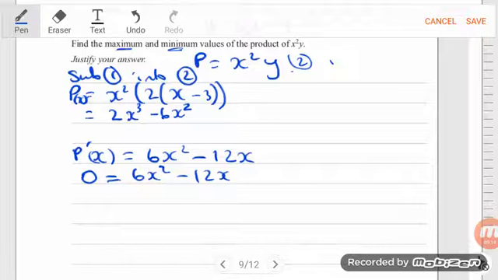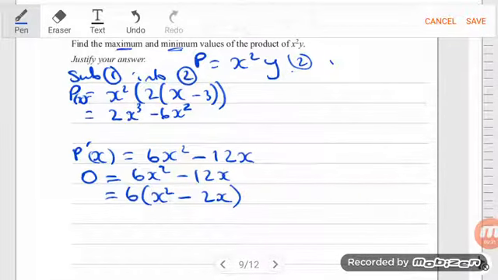Our A value is 6, our B value is negative 12, and our C value is 0. Or you can just simplify it out to give us x squared minus 2x. And then you can simplify it from there. So we would get our x values at 0 and positive 2.